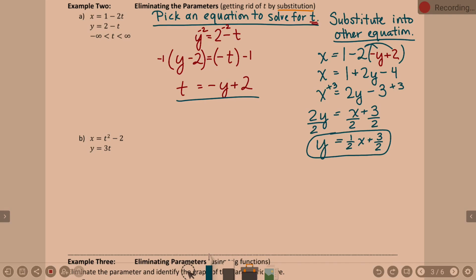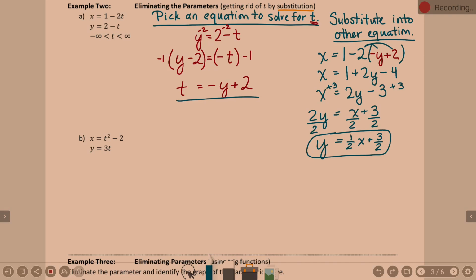So we know our slope is 1/2, our y-intercept is 3/2, and this is physically the graph of a line. You're overthinking it. It's just x and y terms, so it's a line. So this is a line with slope of 1/2 and y-intercept of 3/2.